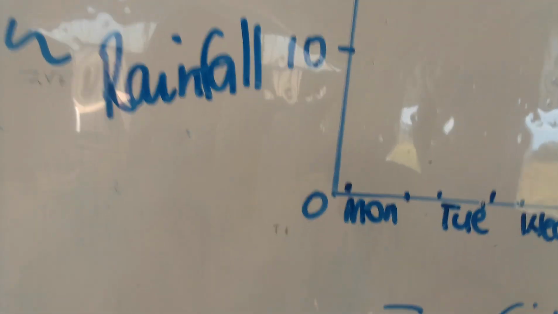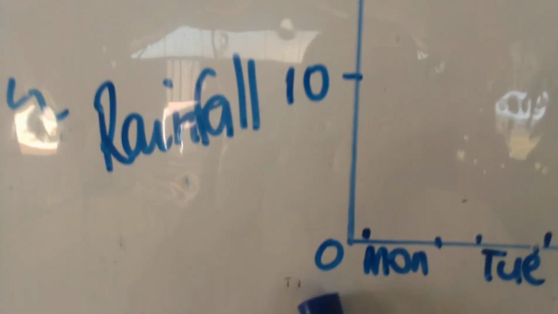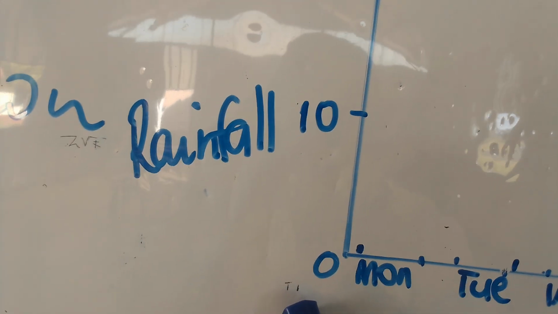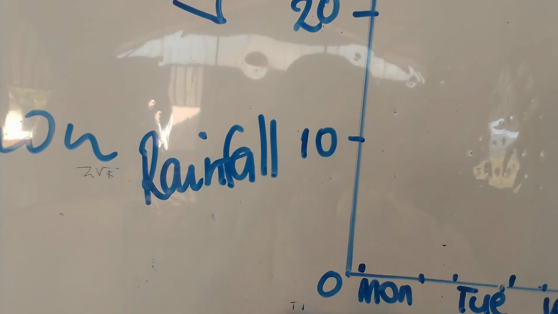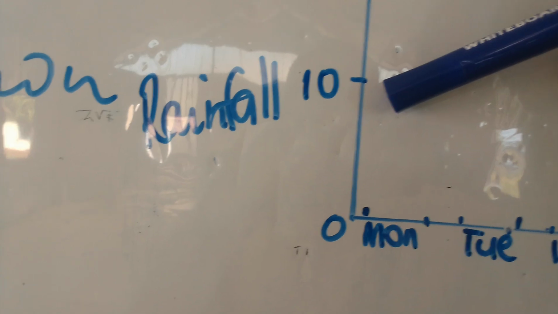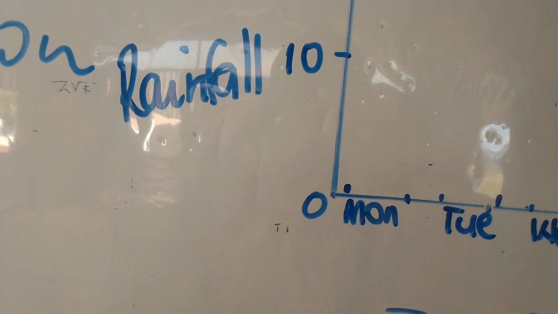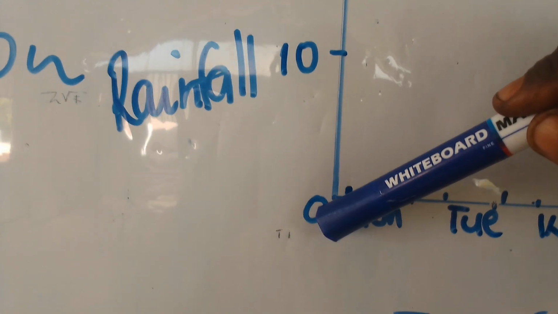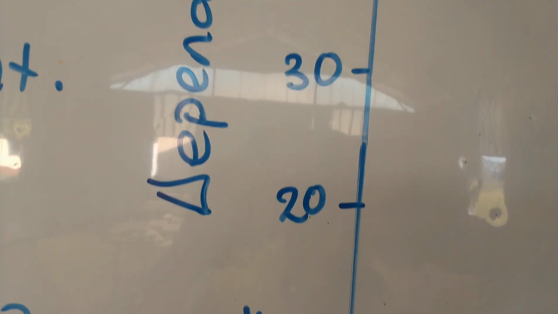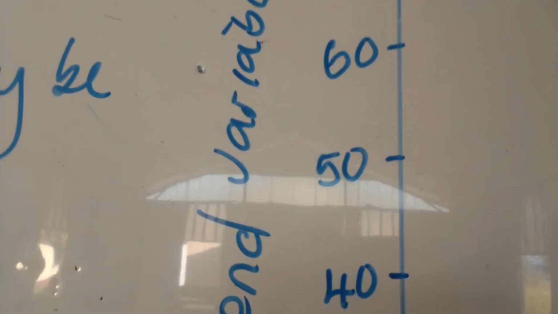After deciding the scale, our scale starts at 0. Like I said, it should be consistent and uniform. In my case, I have drawn a scale which starts with 0 with a difference of 10. So I'm starting from 0 to 10, to 20, to 30, to 40, to 50, 60, 70, and 80.